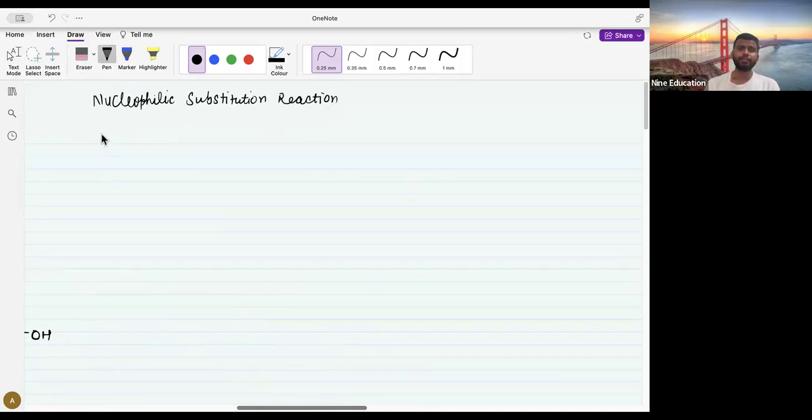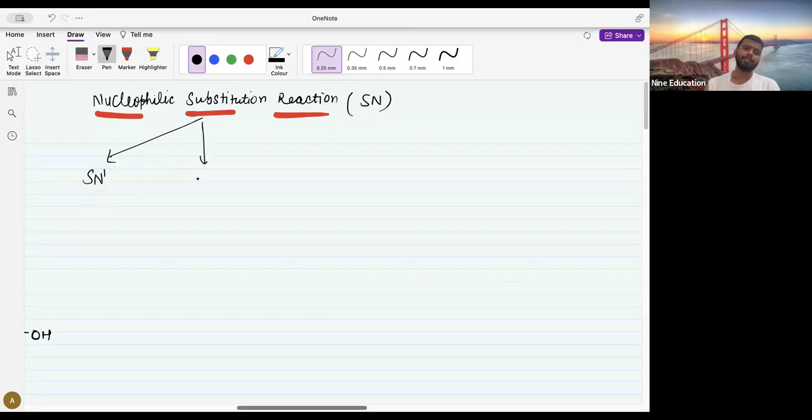So see beta, these nucleophilic substitution reactions are of 3 types. So first type is known as, इसको हम लोग प्यार से SN भी कहते. So first type is known as SN1, another type is SN2, and the third type is SNi.